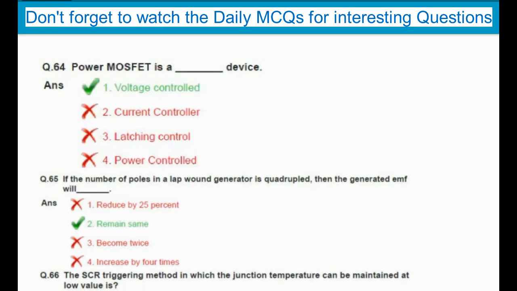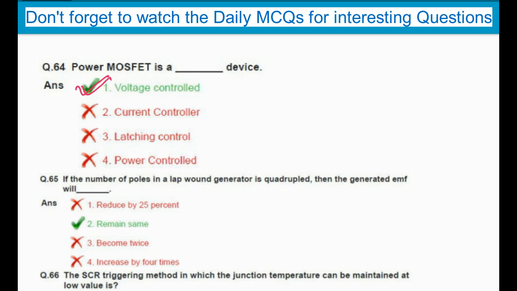Next question is question number 64. Power MOSFET is a voltage control device. If the number of poles in a lap wound generator is quadrupled, then the generated EMF will dash.